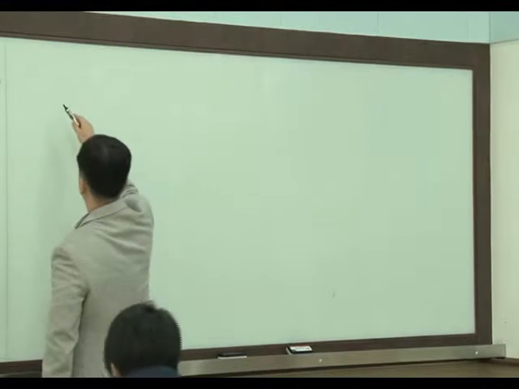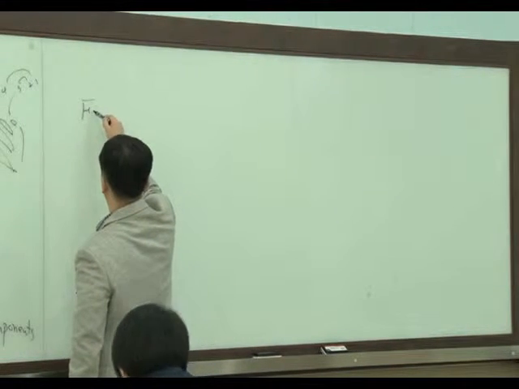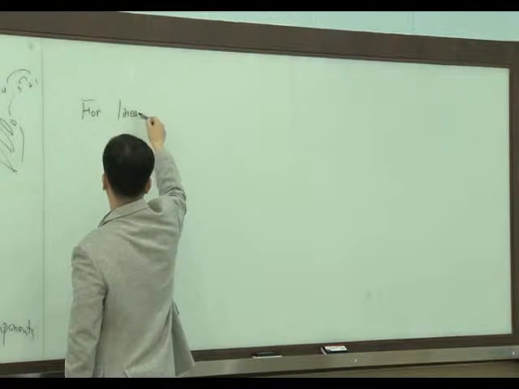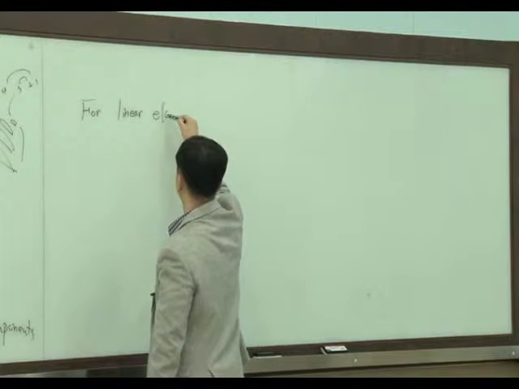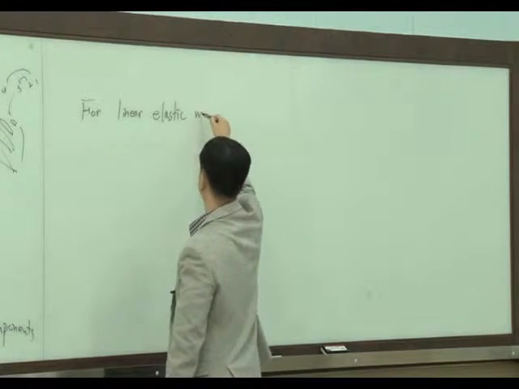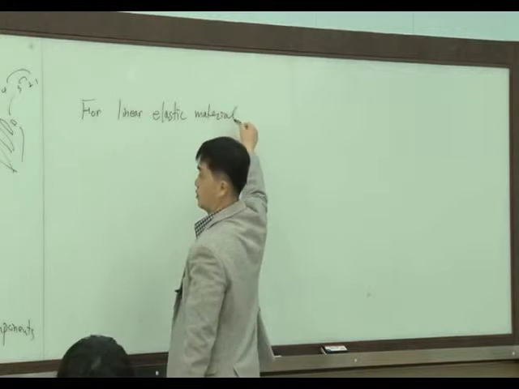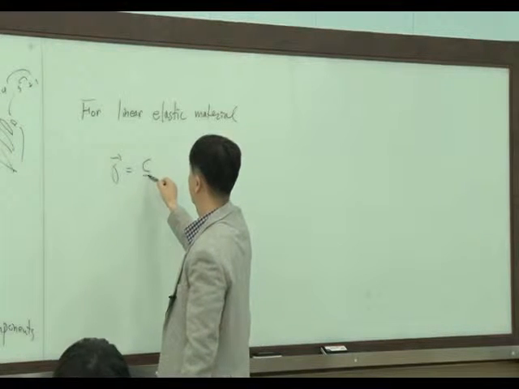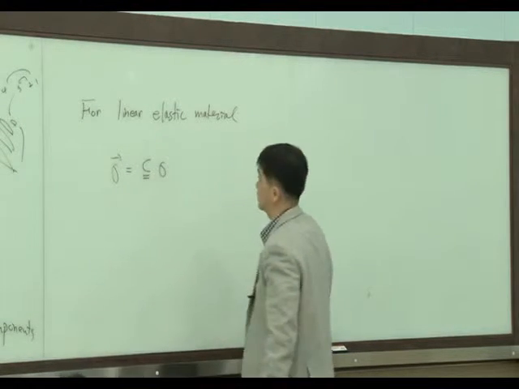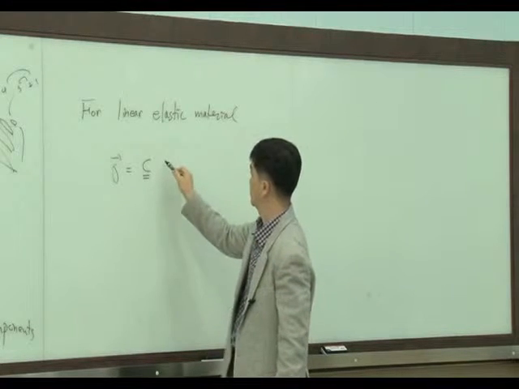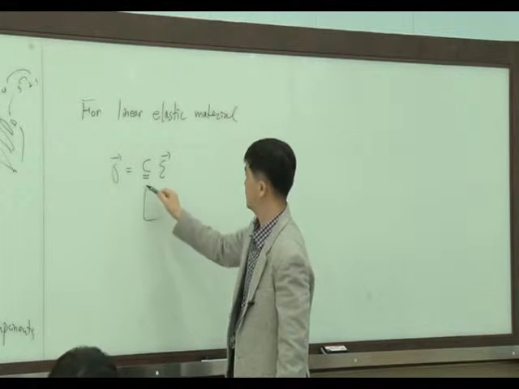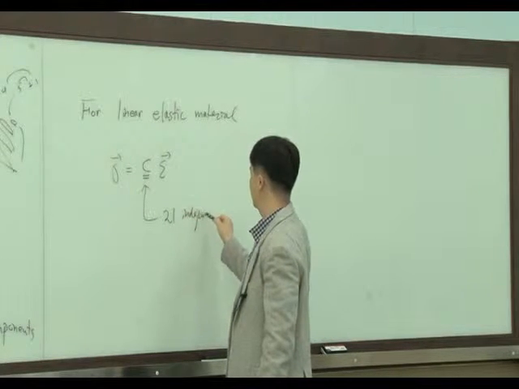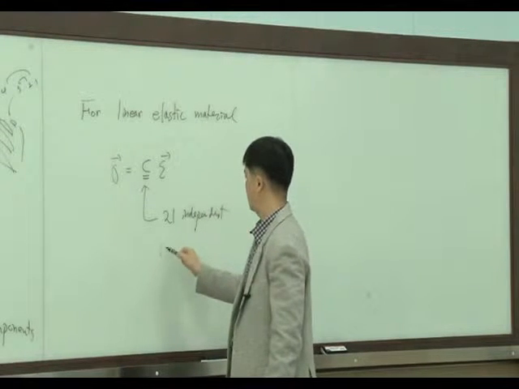Let's say for a linear elastic material, we have a relation between stress and strain, and the material matrix has 21 independent components.